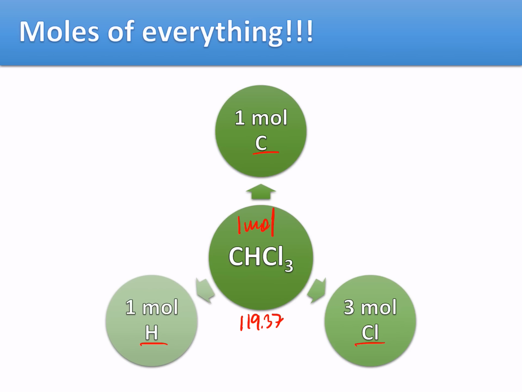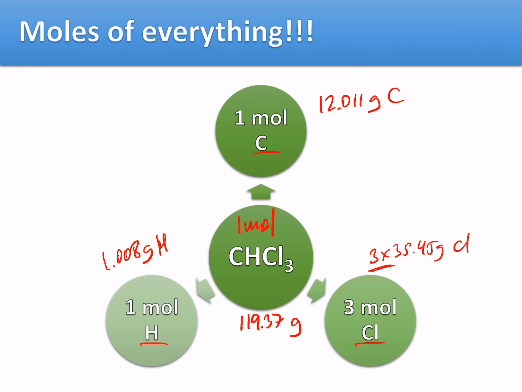You have 1 mole of carbon, so 119.37 grams of chloroform will contain 12.01 grams of carbon, 1.008 grams of hydrogen, and 3 times 35.45 grams of chlorine. So you can establish that from the point of view of moles, or you can establish that from the point of view of mass, always accounting for the number of atoms that you have there.